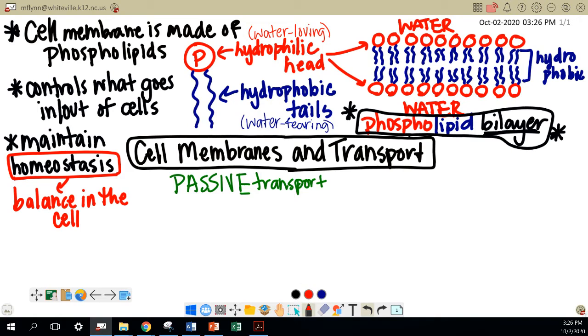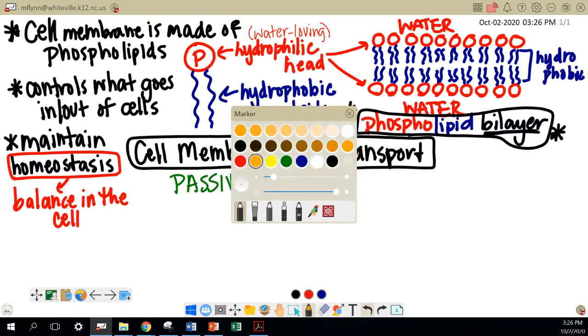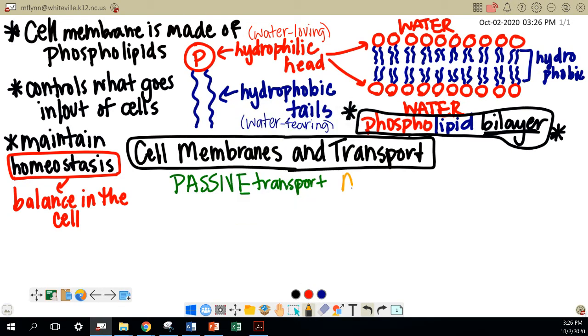And the second category is active transport. Okay, so I'm going to draw a line a little separating these. So passive transport versus active transport. So passive transport, by definition, is transport that is not using energy.